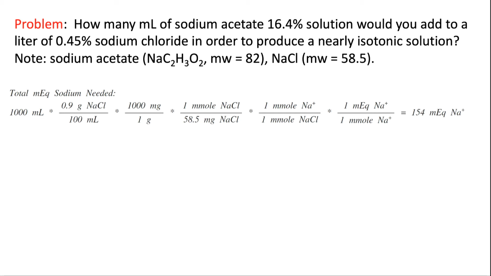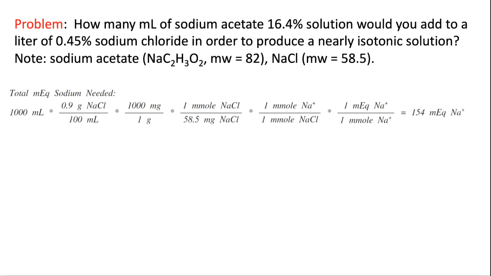So if I multiply it by that concentration expressed as 0.9 grams over 100 mils, then milliliters will cancel and I'll have my grams of sodium chloride. But remember, I need to know how much sodium I need, not so much sodium chloride. So let's take the next step and convert the grams of sodium chloride to milligrams by multiplying by the fact that there's 1,000 milligrams per gram. So grams cancel. Now I'm in milligrams of sodium chloride.